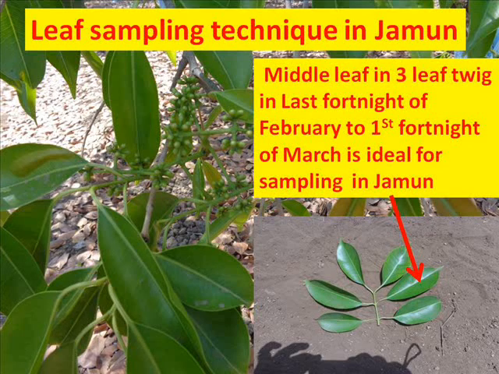That middle pair is good for diagnosing the nutrient requirement of the crop and for collecting DRIS norms. This is my idea behind this leaf sampling technique, from 3 years of direct field observation in the orchard.